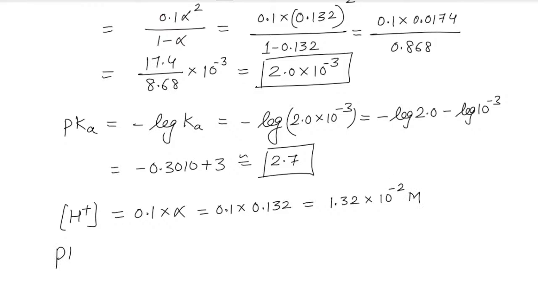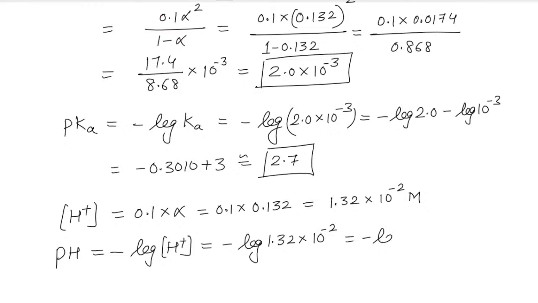So what is pH? It is minus log of H plus ion, that is minus log of 1.32 into 10 raised to power minus 2.